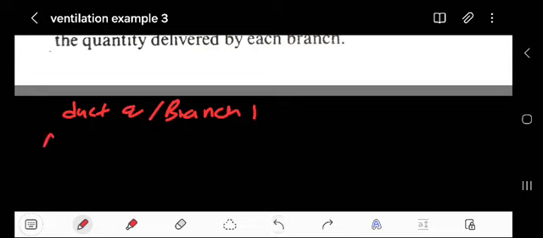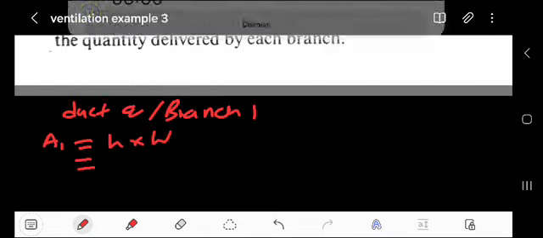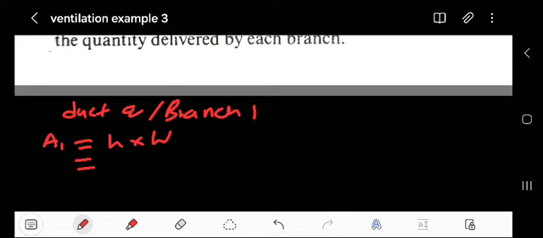The area 1 simply equals height multiplied by width of the rectangle. Sorry about that noise there of the alarm.